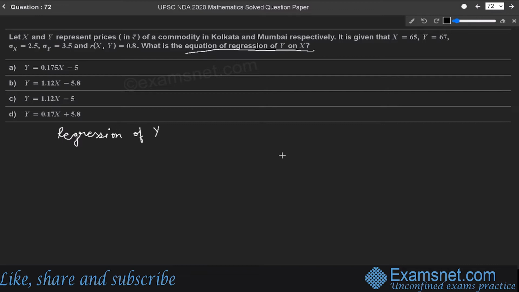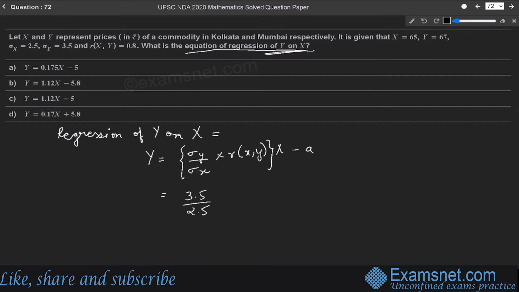of Y on X, because we have to find for Y on X. So regression of Y on X will be Y minus Y bar is equal to sigma Y upon sigma X into R X comma Y into X minus X bar. Now putting the values from the question, sigma Y is equal to 3.5, sigma X is 2.5, into 0.8, into X minus the value of X bar, which is 65.